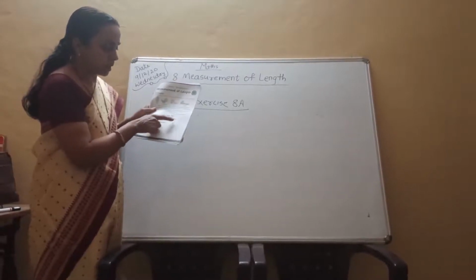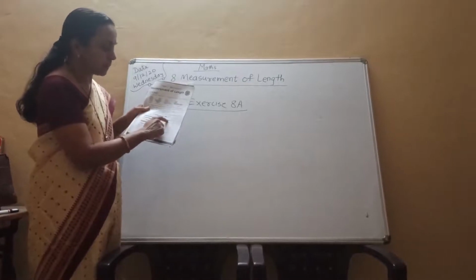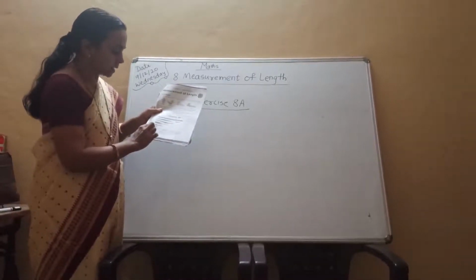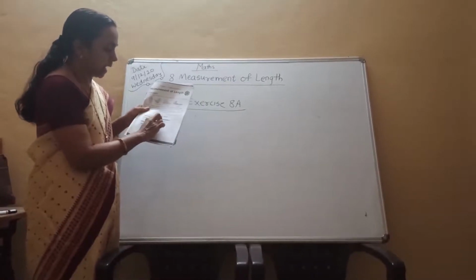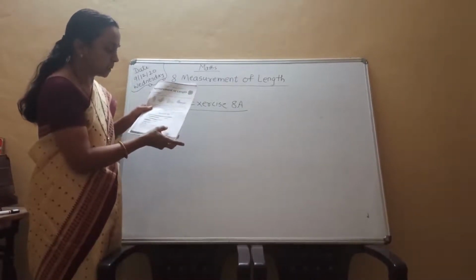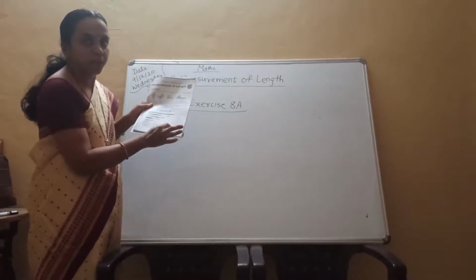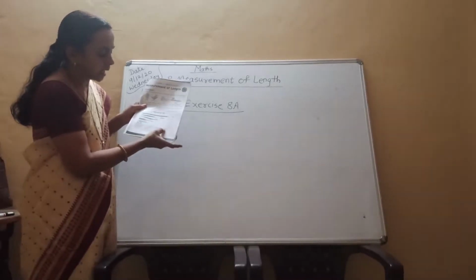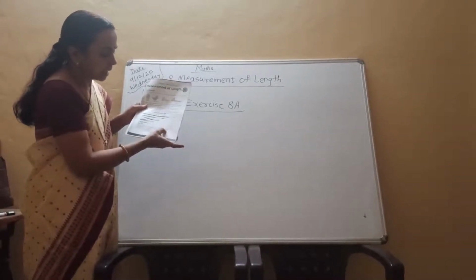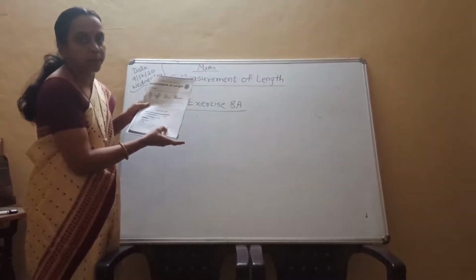What is the length of this pencil? You start from the end point of this pencil. You can see one dotted line in your textbook, and it is on number 14.